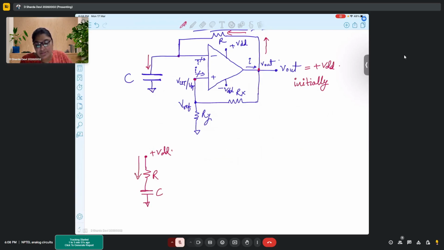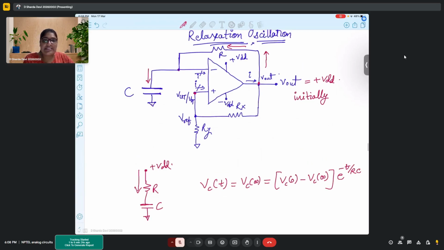Now we all know the capacitor charging equation, right? Vc of t. If I ask you what is the potential across the capacitor while it's charging, the equation is Vc of t equal to Vc of infinity plus Vc of 0 minus Vc of infinity times e to the power minus t upon RC. If there was no resistor present, the charging would be an immediate charging, right?